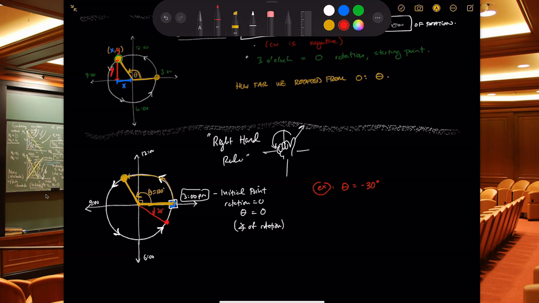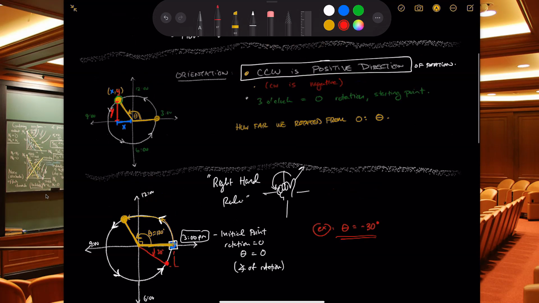And then you could talk about, okay, well, what's my height at this point beneath my starting position, etc. But this is for negative angles of rotation, and counterclockwise is for positive angles of rotation.